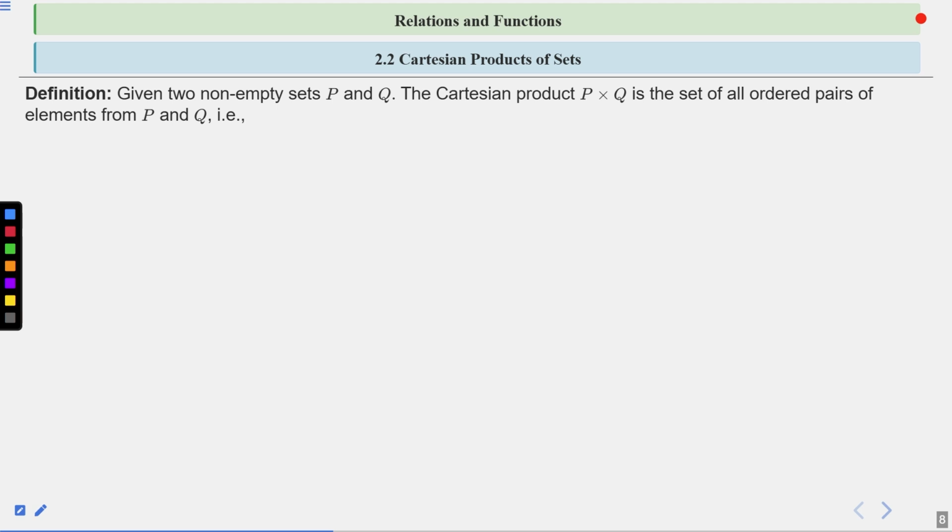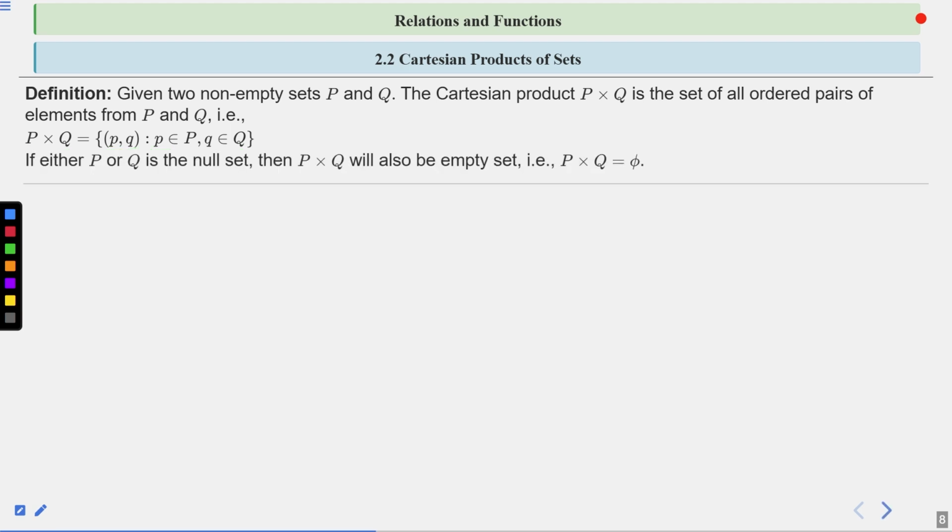Now, the formal definition says that if you have two non-empty sets P and Q, the Cartesian product P cross Q, denoted by P × Q, is the set of all ordered pairs of elements from P and Q. Mathematically, P × Q is the collection of all pairs (p, q) such that p belongs to set P and q belongs to set Q. Clear?